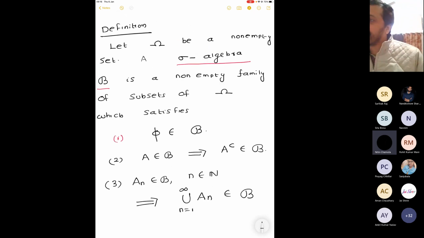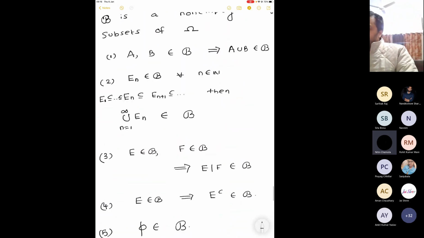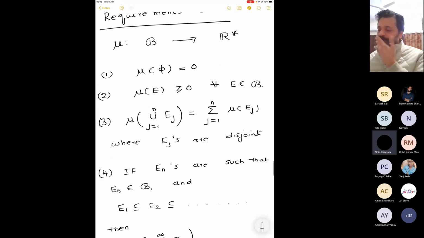Now let us look at the requirements on mu. Look at 3. What does it tell? Basically, it tells that the measure of the whole is equal to the sum of the measures of a finite number of disjoint parts.